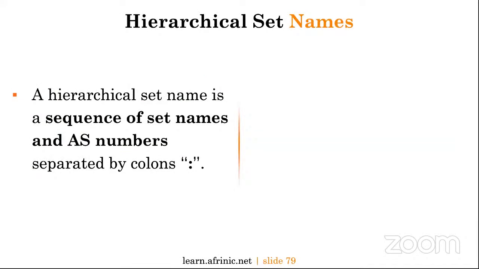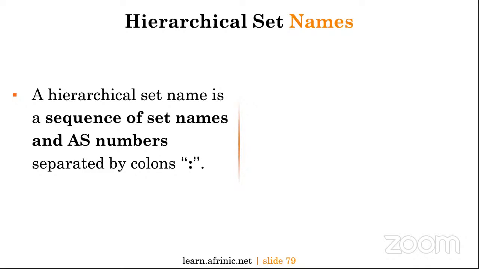So, if you want to know a set object within the routing registry, its name starts with a prefix depending on the type of set object it is, and then there's a hyphen, and then you can put whatever name you want. So for myself, AS-Olatunde would be an AS set with my name. But we have hierarchical set names.